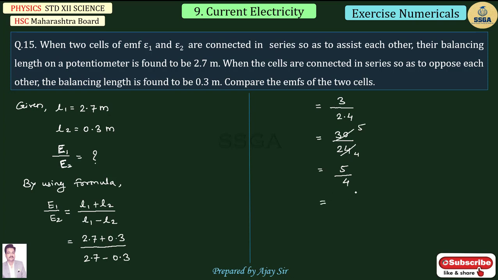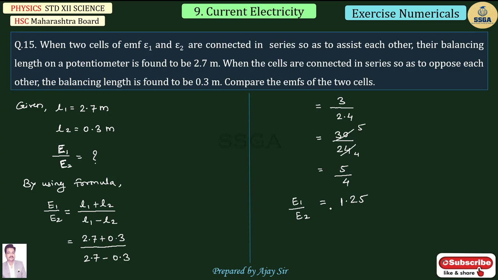So let us divide this. 4 into 5, 1 time, and 1 is remaining. Then 4 twos are 8, again 2 is remaining, and 4 fives are 20. So it means 1.25. So this is the answer, that is E1 divided by E2.